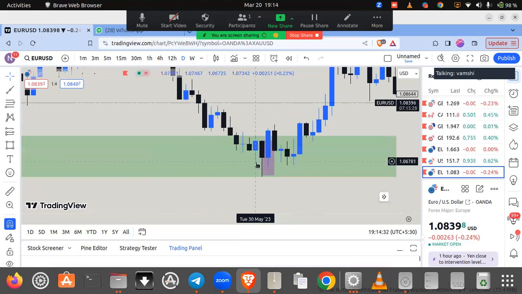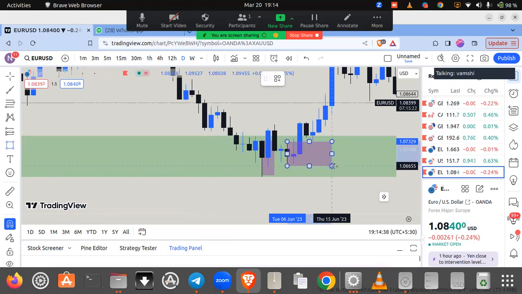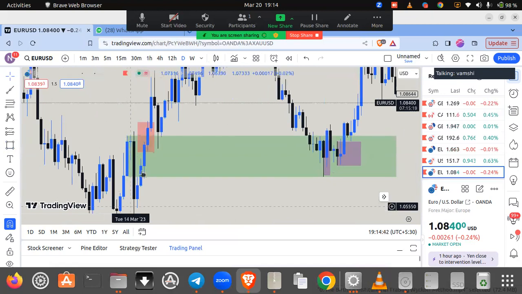Here we have engulfing buy one and engulfing buy two. Engulfing sell fail followed by engulfing buy one and engulfing buy two. This is another example for HLZ sell.